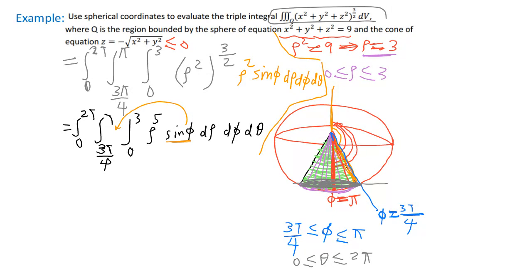The final answer, you mean? Okay, good. So rho to the power 5, rho to the power 6 over 6, from 0 to 3, 3 to the power 6 over 6, from 0 to 2 pi, from 3 pi over 4 to pi, sine phi d phi d theta.